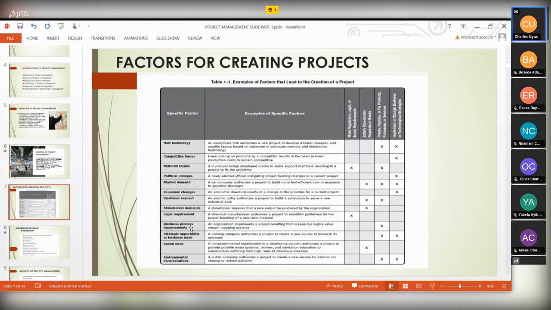These are some of the things organizations are always looking at, factors that will scale their business. Another one is a strategic opportunity or business. Companies are always looking for strategic moves, a competitive advantage. These equally trigger projects. Another one is a social need. Every company now wants to be noticed in the social world.